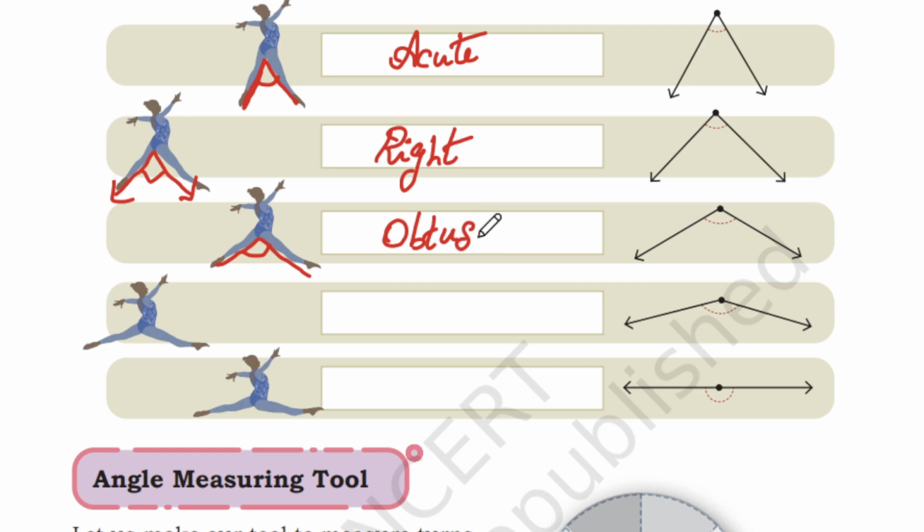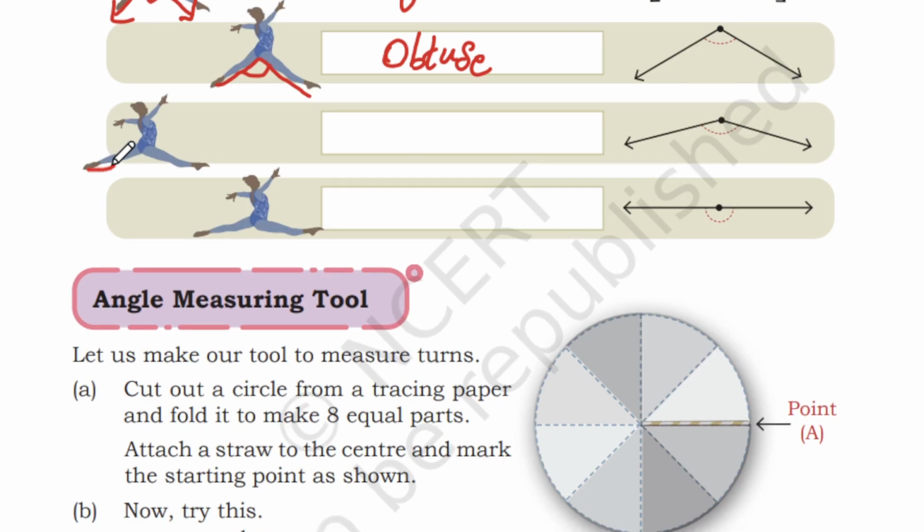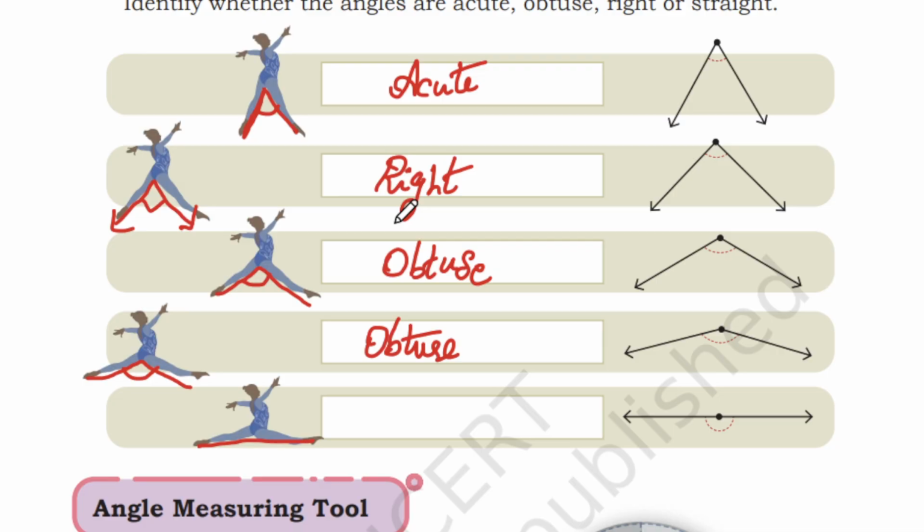And next we have little more than a right angle. So again it is an obtuse angle. And we have a straight line. So it is a straight angle.